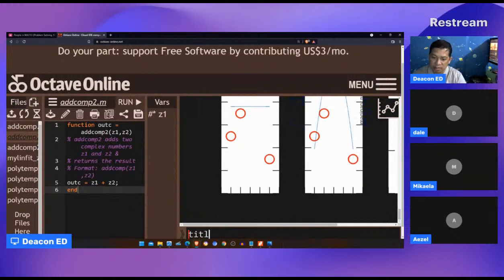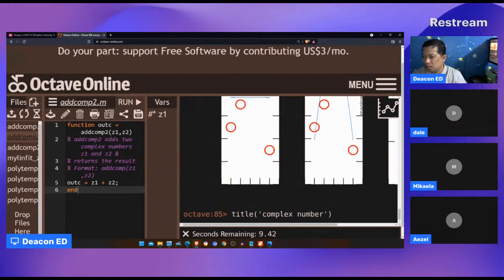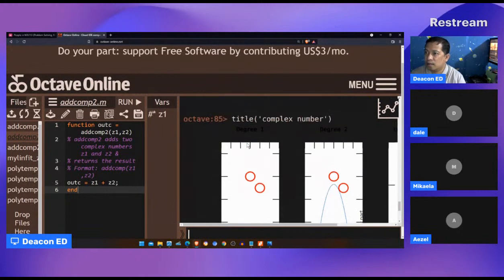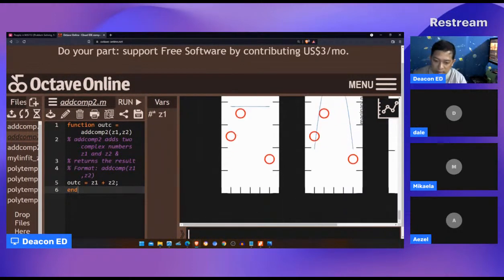Okay, just type it as is. Title complex. So parang hindi nakuha na bago yung table kanina. Supposedly, ito yung kakalabasan niya. No? There's a plot between the real part and the imaginary part.